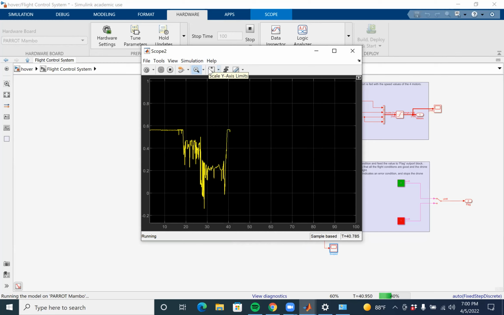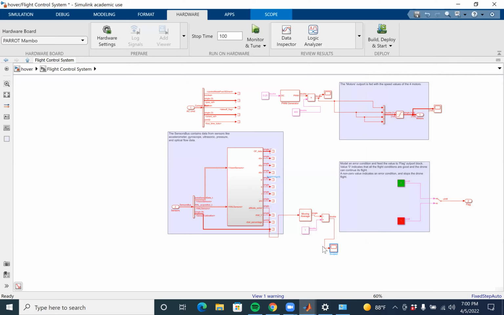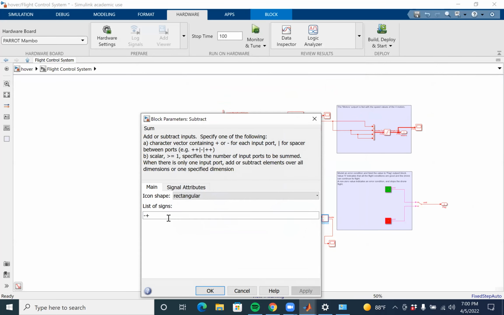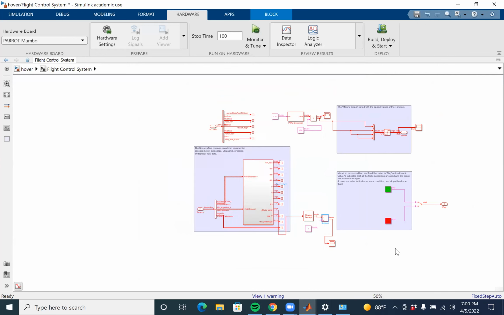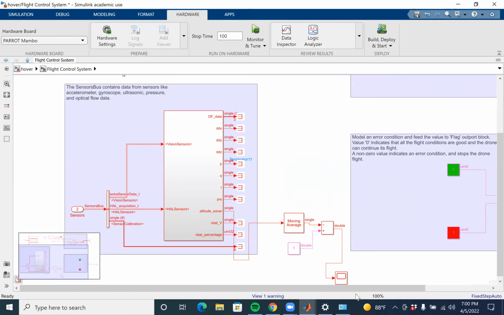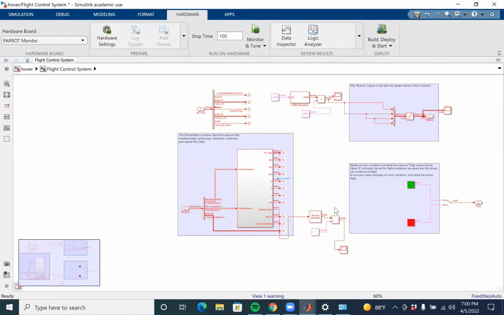Okay. So which means what I need to do is flip my positives and negatives. Stop. Minus, plus. And then whatever I have over here, I'm going to feed that to my motor mixing algorithm.